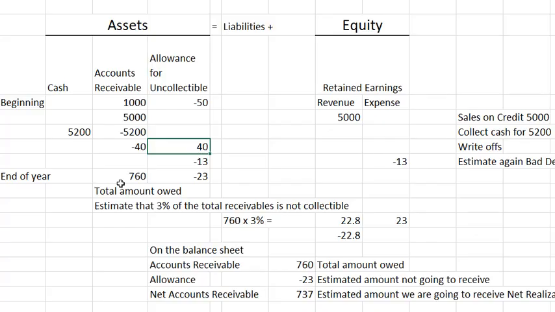Now, what typically happens is we're not making this estimate, the allowance, every day. It would be very cumbersome. So we may wait till the end of the year, maybe end of the quarter, and we estimate. Remember, we do our homework. We figure out what the economics are, what things look like. And in this case, we estimate that 3% of this 760 is not collectible.